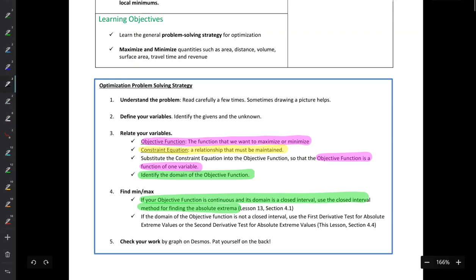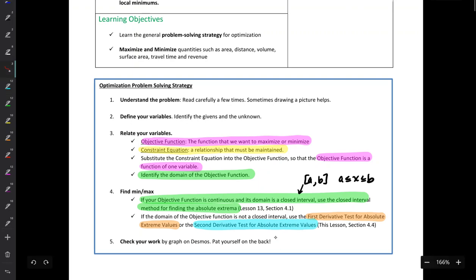Remember, closed intervals are just A to B, in other words, A less than or equal to X less than or equal to B. If we don't know the domain, or if it's not a closed interval, then we're going to do one of two things. You can either do the first derivative test to find the absolute extrema, a twist on it, or the second derivative test to find absolute extrema, which we're going to show in here.